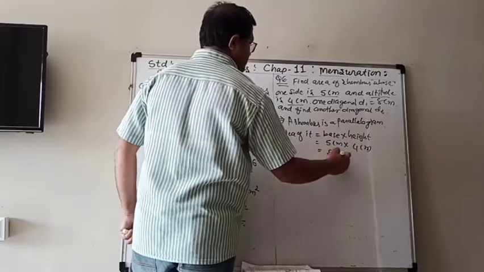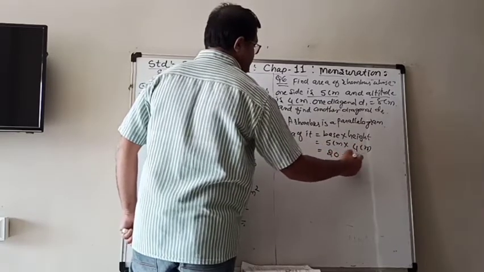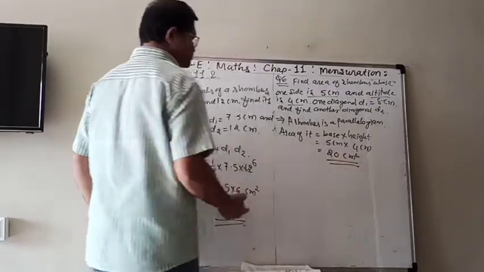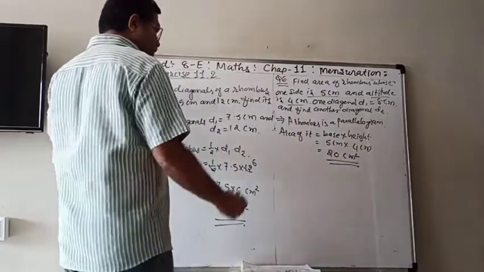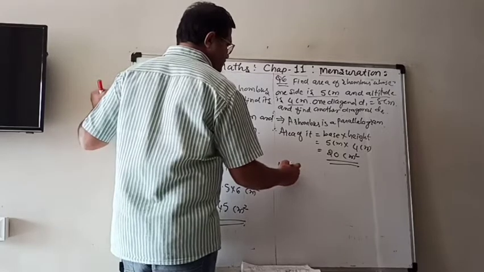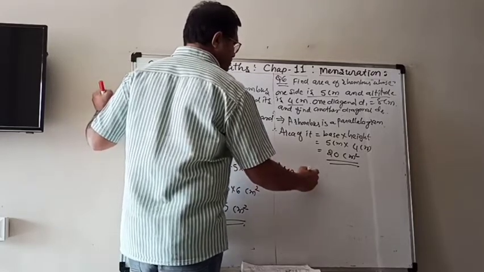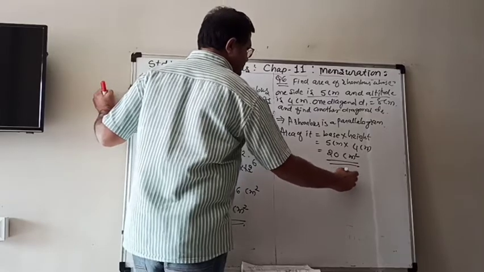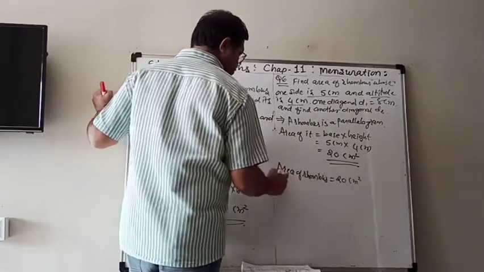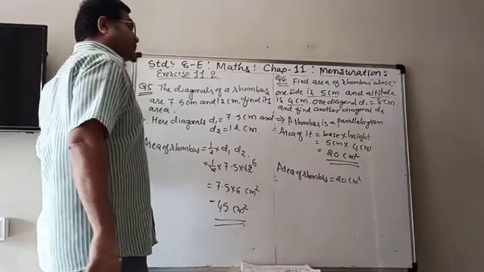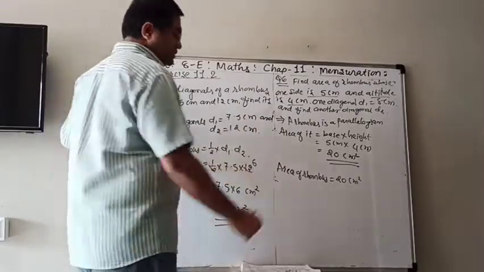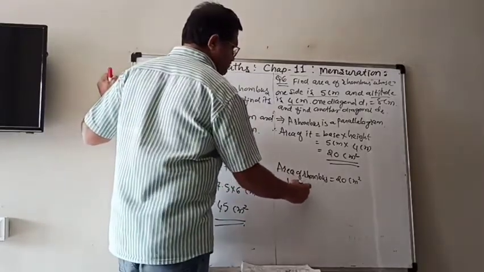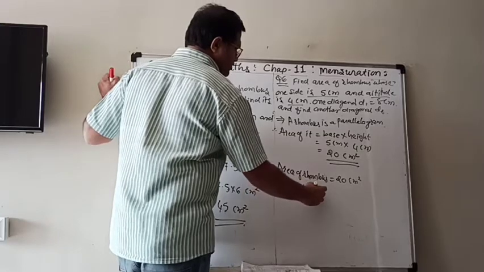So area is 5 4s are 20 centimeters square. Now the area of the rhombus we already got, that is 20 centimeters square.